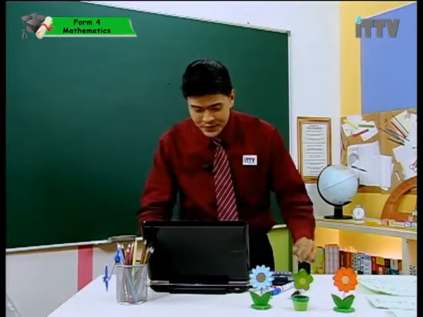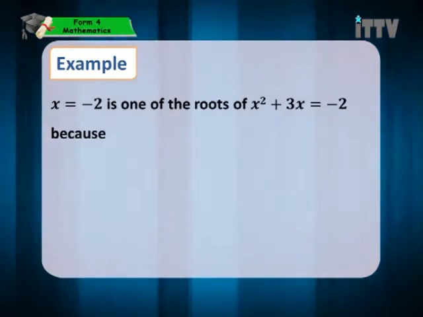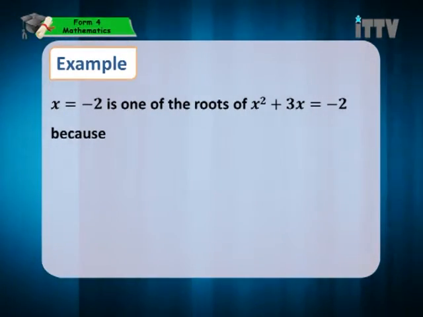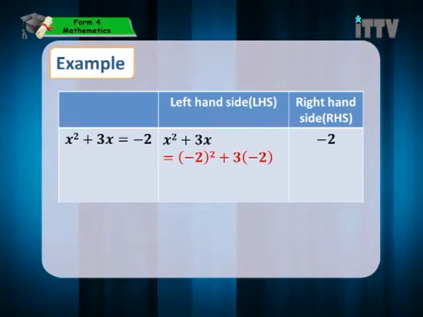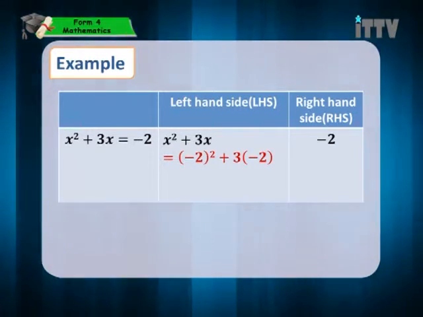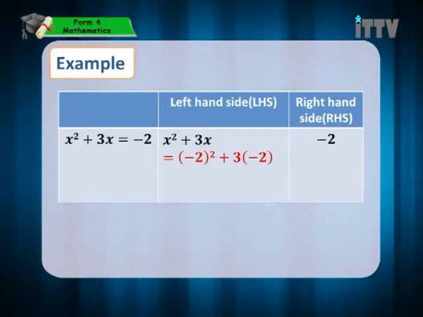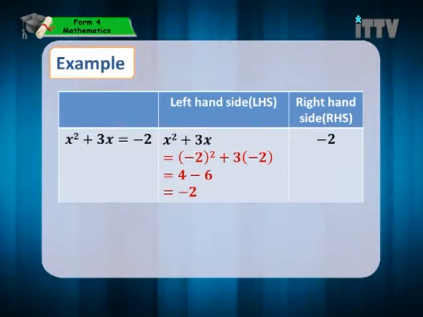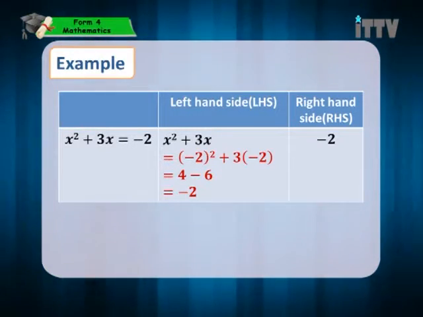Let's look at an example. x equals negative 2 is one of the roots of x squared plus 3x equals negative 2 because, for this particular quadratic equation, on the left-hand side, x squared plus 3x, if the value of negative 2 is substituted as the value of x, you will get 4 minus 6, which is negative 2.